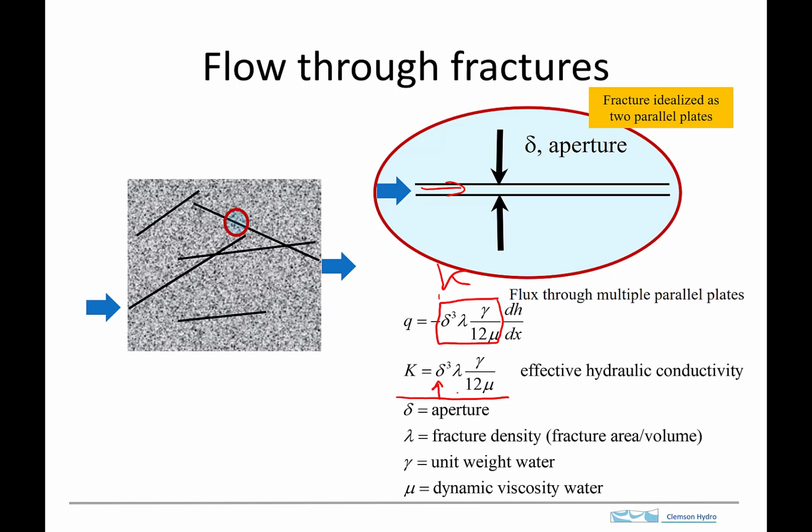It also depends on the fracture density and these properties of the fluid. The 12 is there because it's the property of the slot-like geometry. Okay, so this is actually one version of the cubic law. You can also write it slightly differently without the fracture density, and in that case, this would be equivalent to a transmissivity.